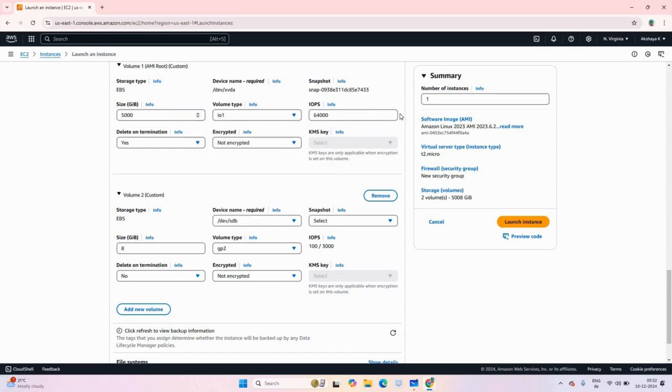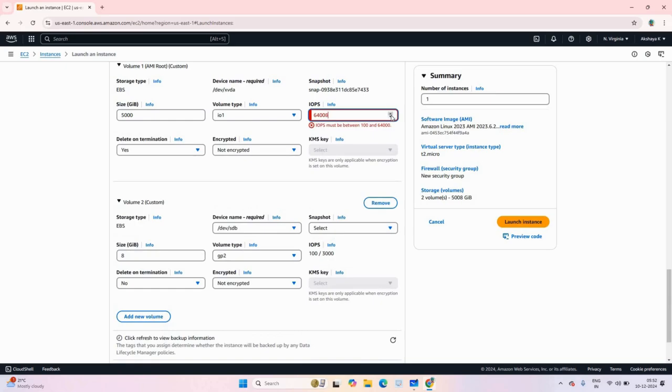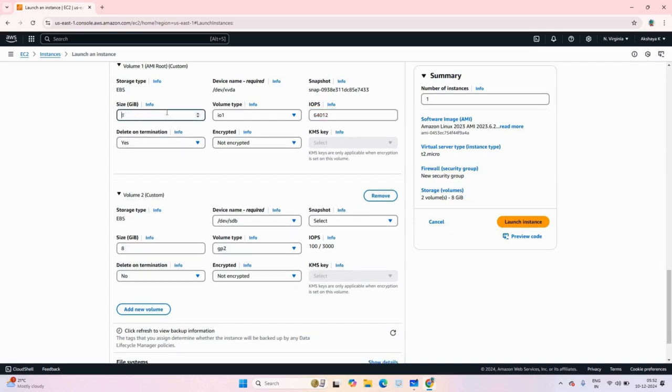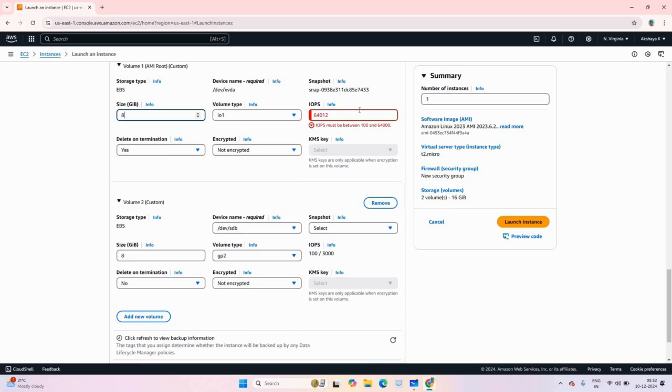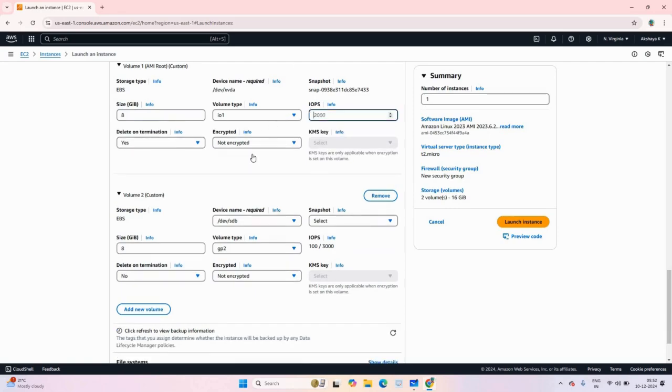We can't increase beyond 64,000. If I give 8 GB, that means 400 IOPS.